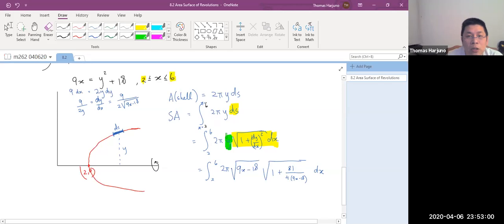So this y becomes this guy, and then this dy/dx in that radical becomes this guy. So far I only did substitution.